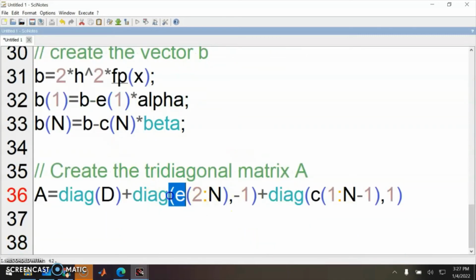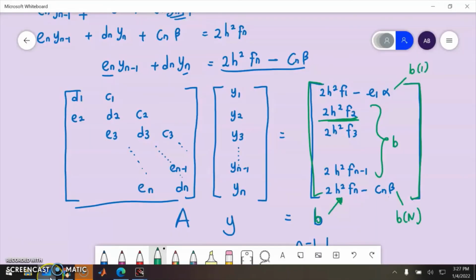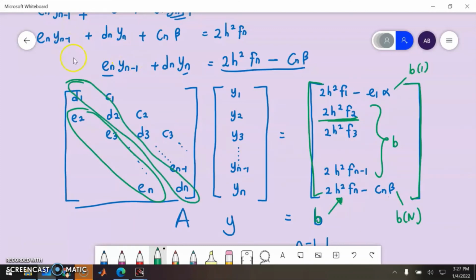So let me just tell you, this E here is all these entries. This is my E's. So first I have a diagonal matrix, plus this lower subdiagonal, and plus C, which is the upper subdiagonal. Okay, so that's how we create our big matrix A.